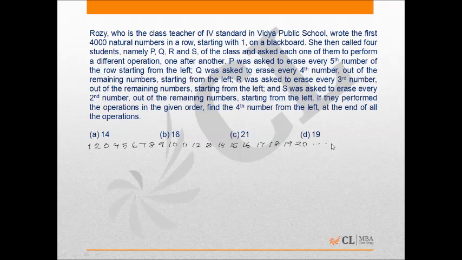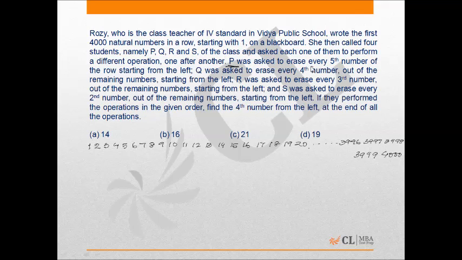So if you are able to get the pattern, you will be able to answer questions like these ones. So I've written down the first 20 numbers and the last 5 numbers. Now let's see what P was asked.